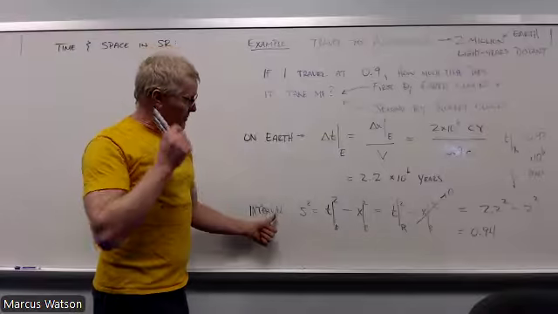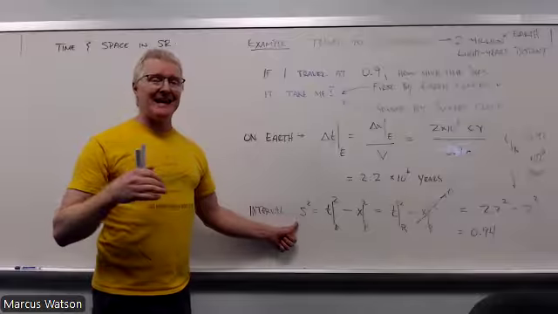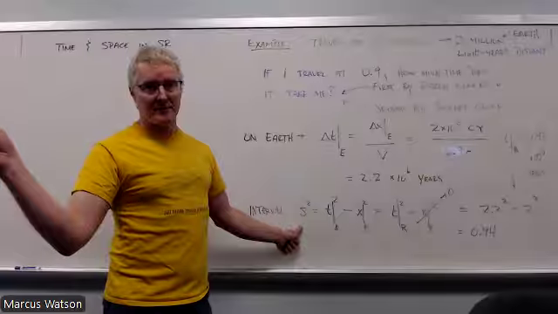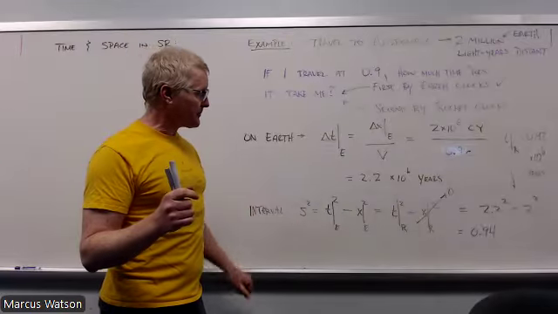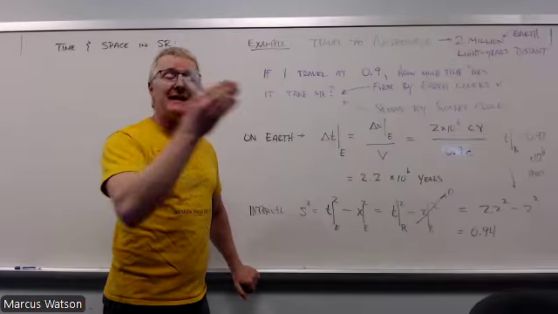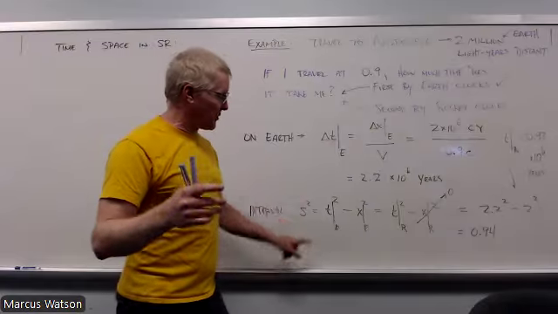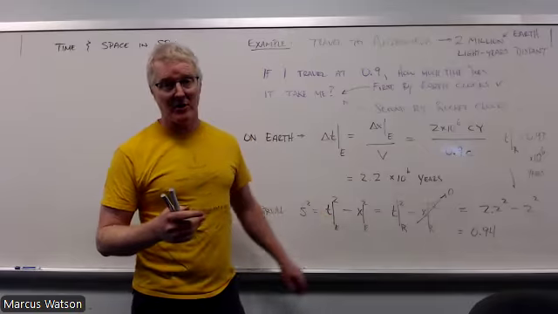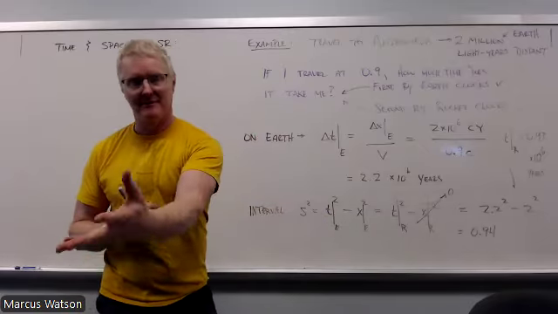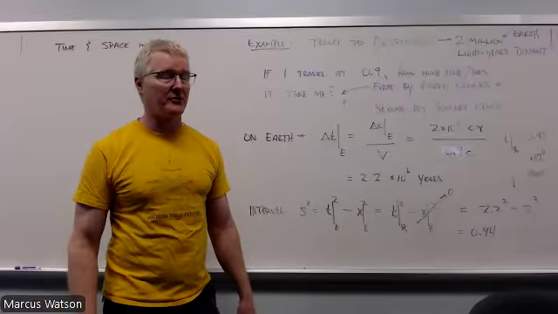That's a really important thing. The interval is what's called invariant. It is like light speed. It's the same for all observers. In special relativity, they all agree what the interval is. They disagree on what t and x are, but they agree that when you do this, you should get the same number as everybody else.